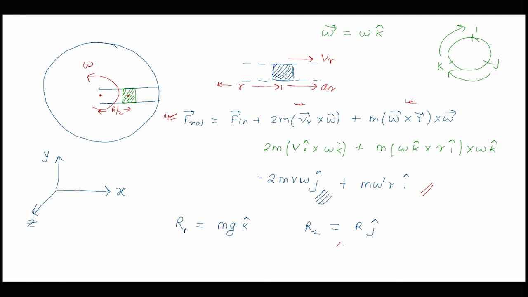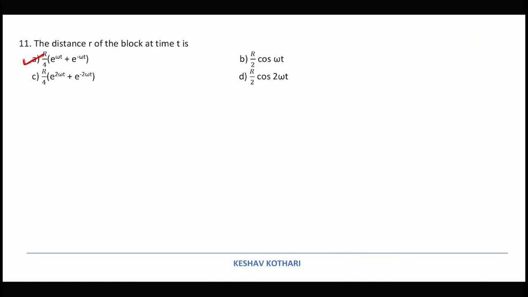In order to obtain the expression for v, we begin by solving this expression for position as a function of time. Position as a function of time is already with us as r by 4 into e to the power omega t plus e to the power minus omega t. So the expression for velocity can be written as dr by dt.